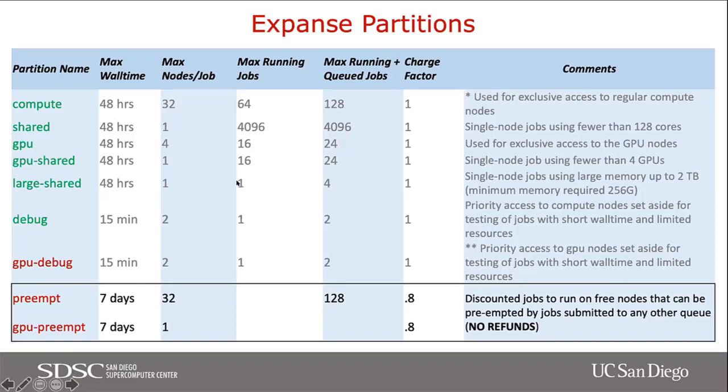Remember, these are V100 nodes, which are quite a bit faster than what we had on Comet. So this is equivalent to about 8 nodes on the Comet side. That's where we came up with the limit. But this may change depending on what the utilization looks like and how the queue wait times look.